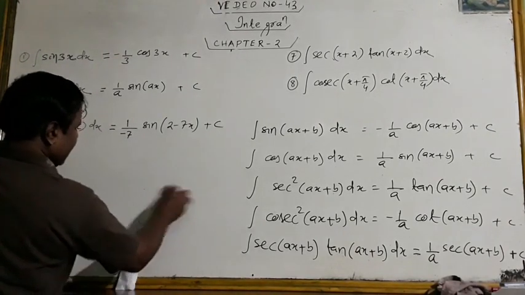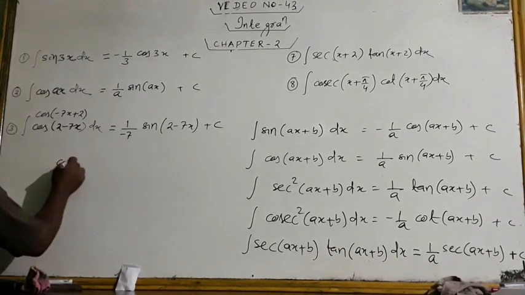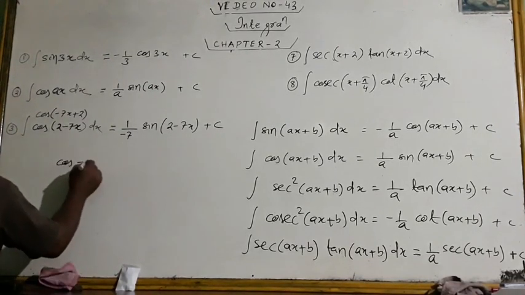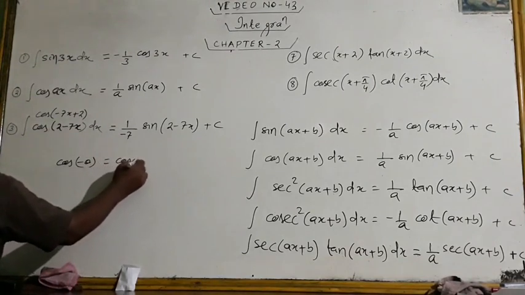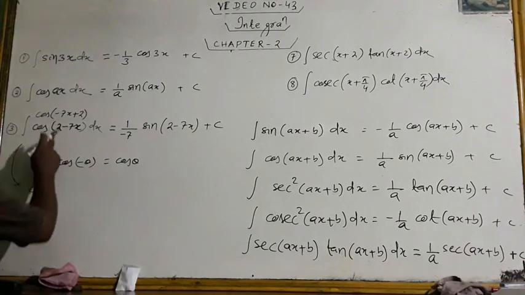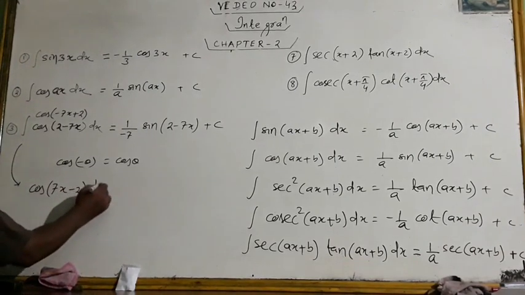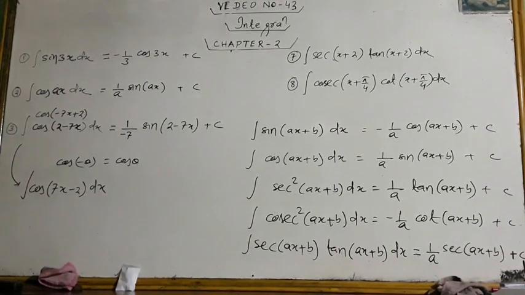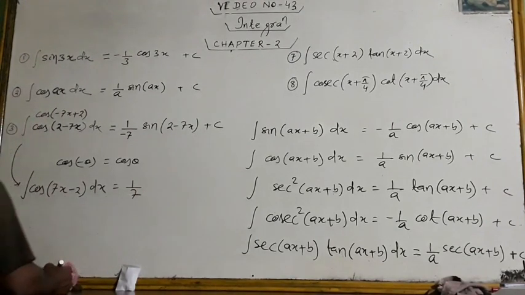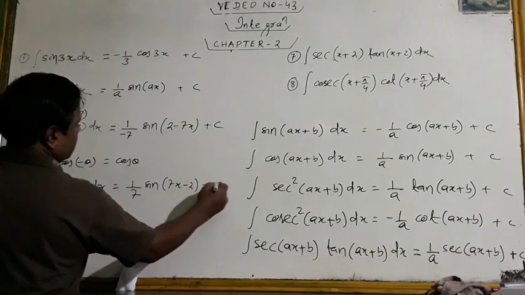In this problem, as you know, cos theta is equal to cos minus theta. So you can write cos(2 minus 7x) as cos(7x minus 2) dx. Now it is 1 by 7 sin(7x minus 2) plus c.